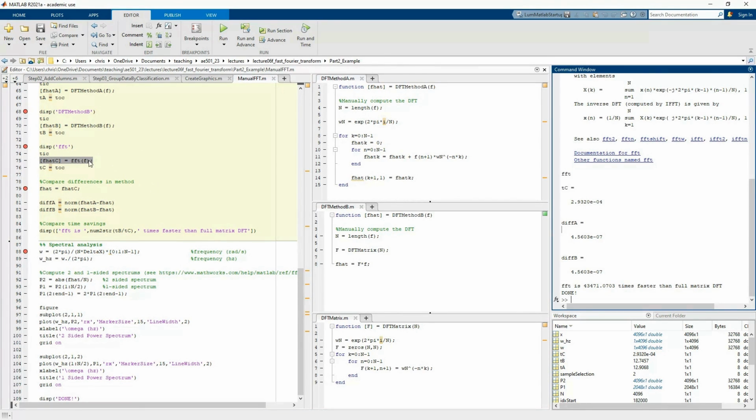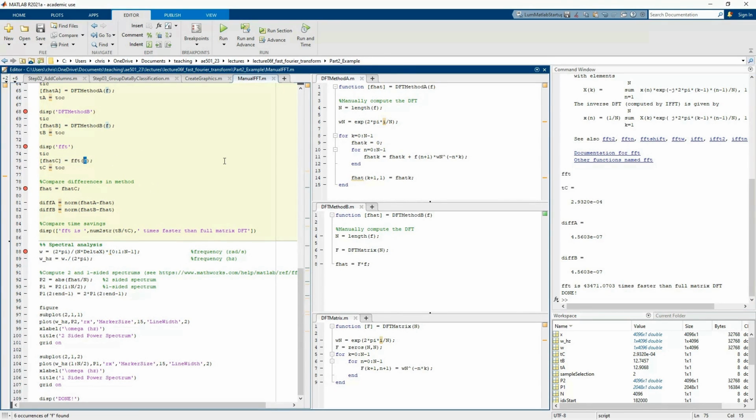The data that you pass should have a length that is some power of 2, so it can take advantage of this divide and conquering. And in fact, what I believe happens under the hood is if your data is not a power of 2, MATLAB will actually pad it with zeros appropriately to get you close to a power of 2, so that it can take advantage of this benefit of the FFT algorithm.